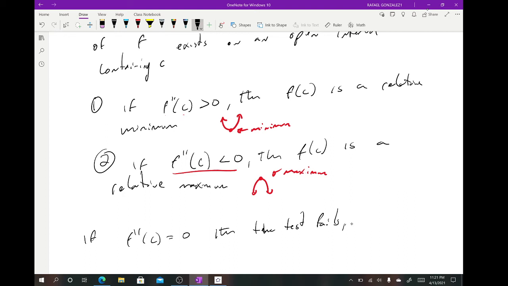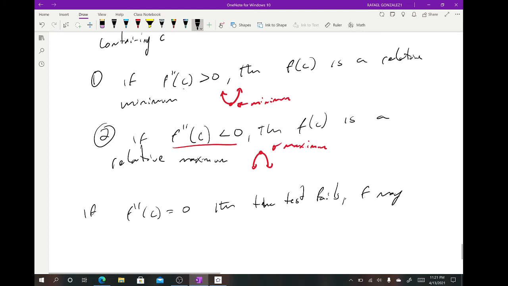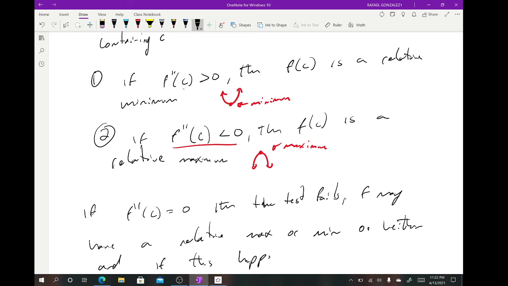This is the one time that the test does fail. And if this happens, then we use the first derivative test.